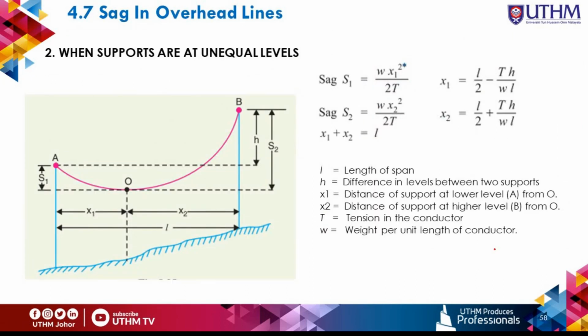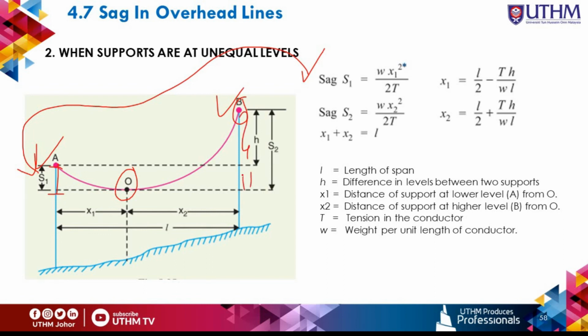So next is the case when the supports are at unequal levels. You can see from this figure that A and B are not at equal levels. So if they are not at equal levels, we have to calculate two sags. The first one is the first sag, from A to O. And then for point B, we have the second sag, from B to O, which is sag 2.